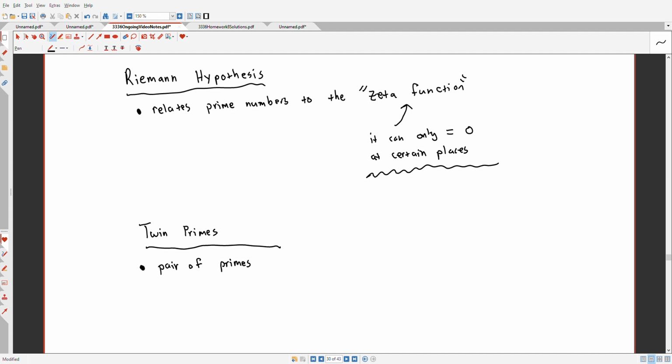They can't be 1 apart unless you happen to be talking about the numbers 2 and 3, but they're 2 apart. So a pair of primes, say P1 and P2, where let's say the second one, P2, is just P1 plus 2.